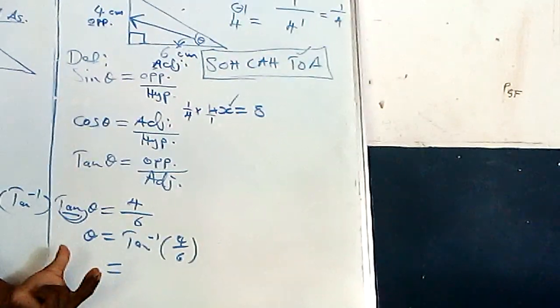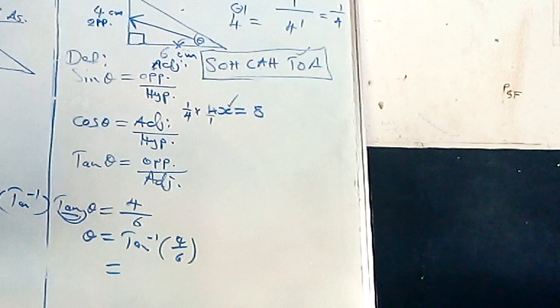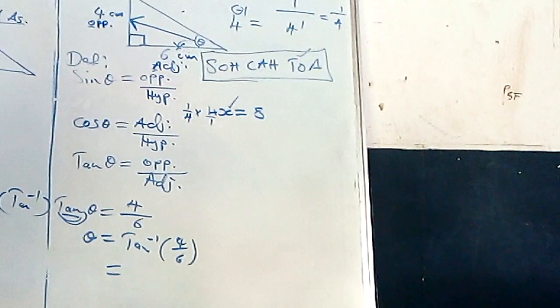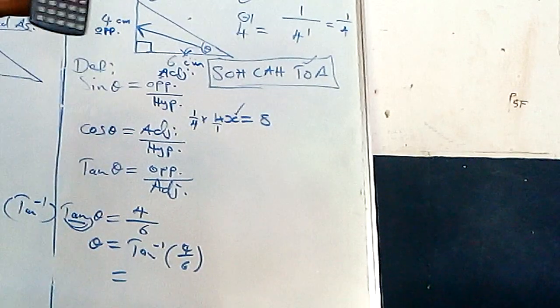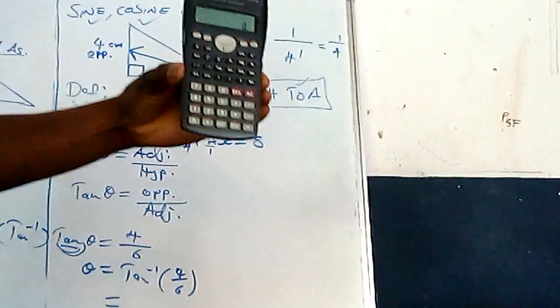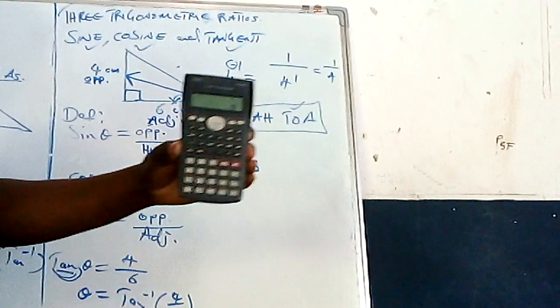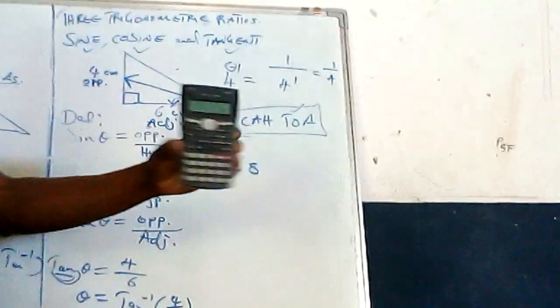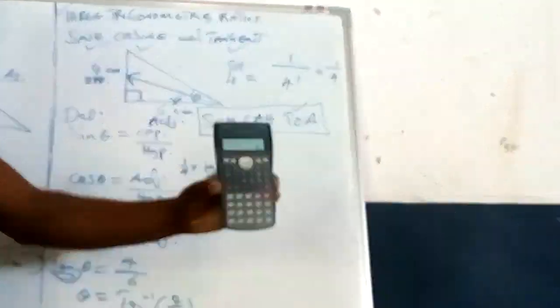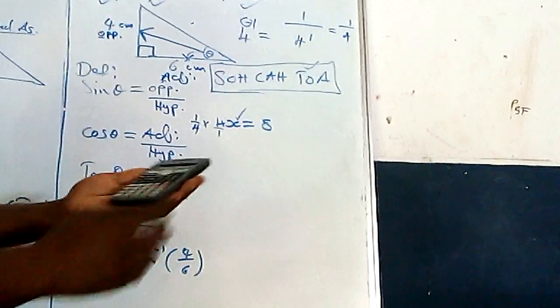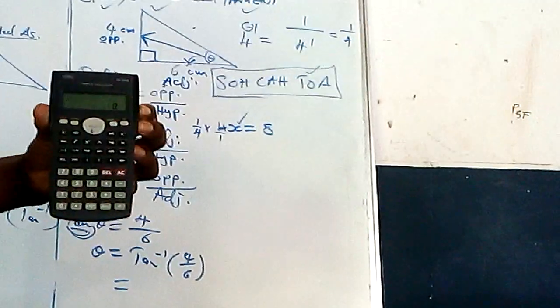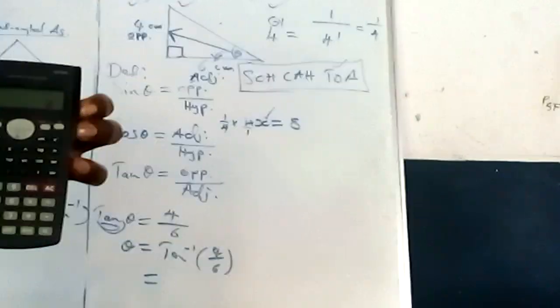I'll show you how to use your calculator. Do you remember these? It's quite strange, right? Your calculator has got everything we need here. For the inverse, you go to the shift key button and press it.